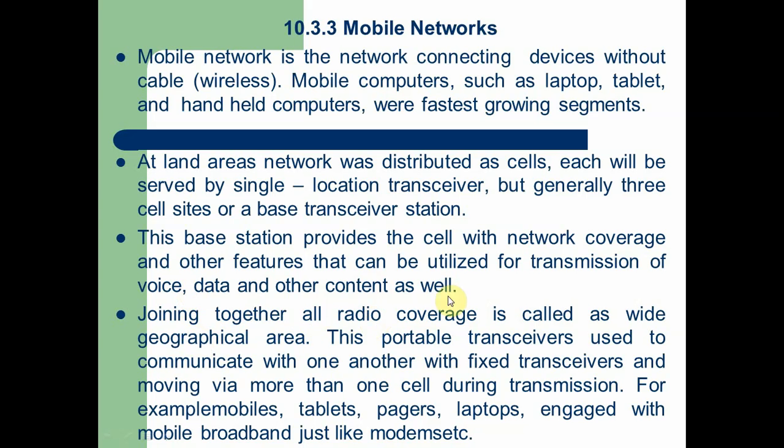Next, joining together all the radio coverage is called a wide geographical area. This portable transceiver is used to communicate with one another and with a fixed transceiver, moving via more than one cell during transmission. For example, mobiles, tablets, pagers, laptops engaged with mobile broadband just like a modem. If anyone at home has an internet facility, then by simply enabling the hotspot facility, they can give permission to all the home members to access the internet through that particular phone.